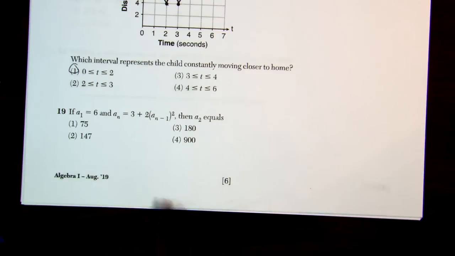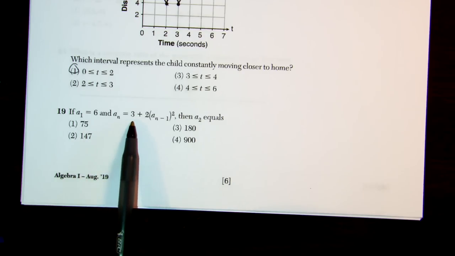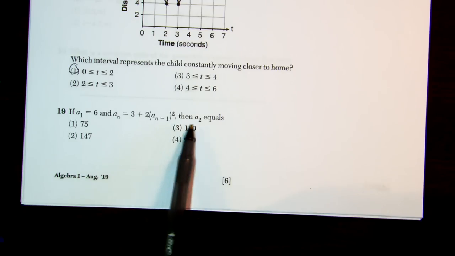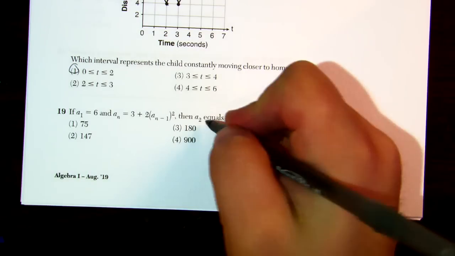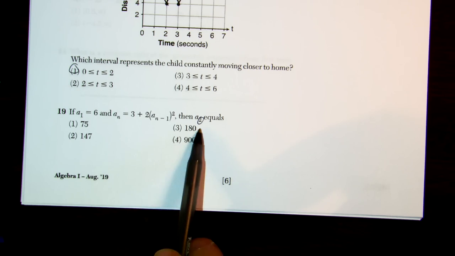19. If a of 1 equals 6 and a of n equals 3 plus 2 times a of n minus 1 squared, then a of 2 equals. Alright, so this 2 is telling me to substitute the 2 in for n.